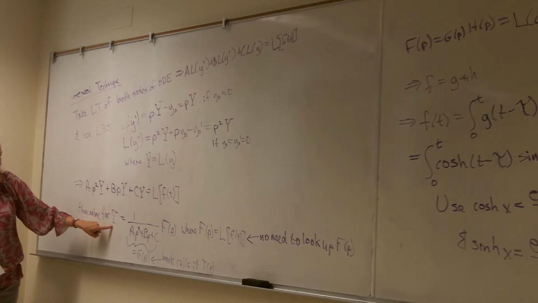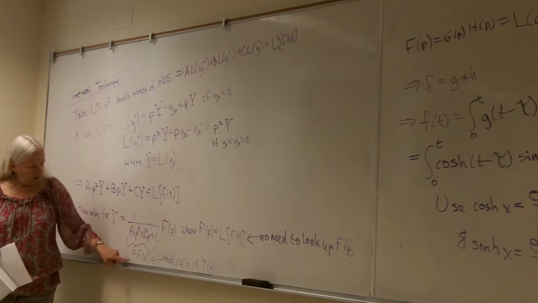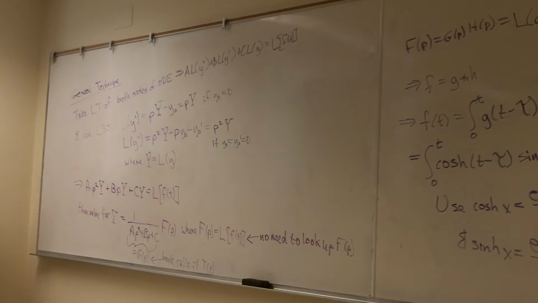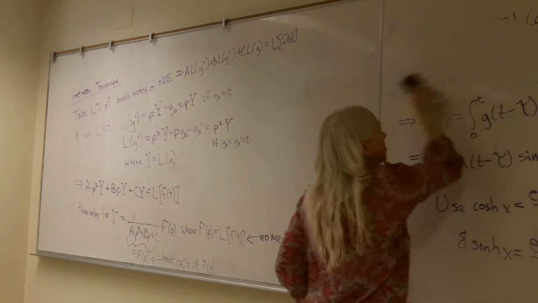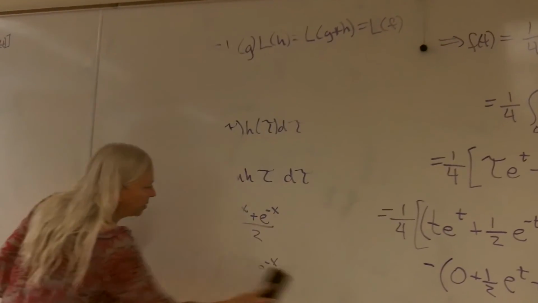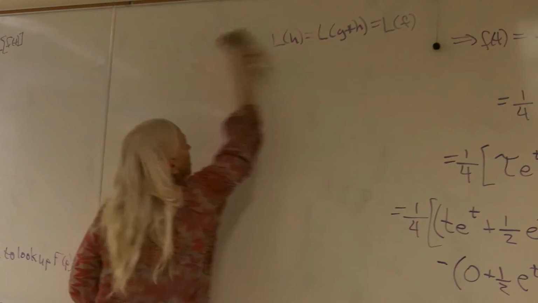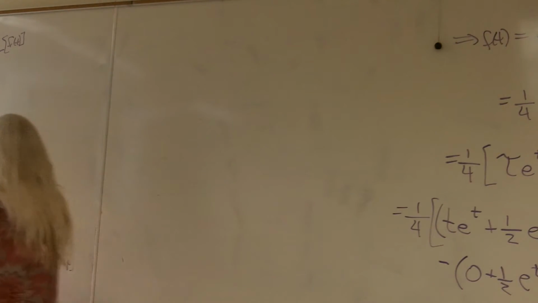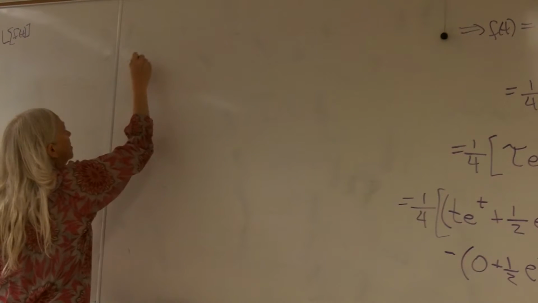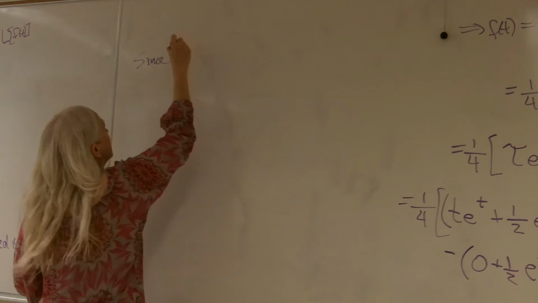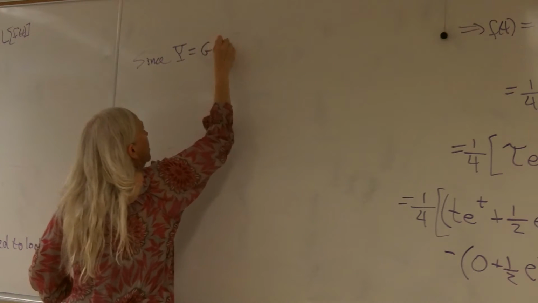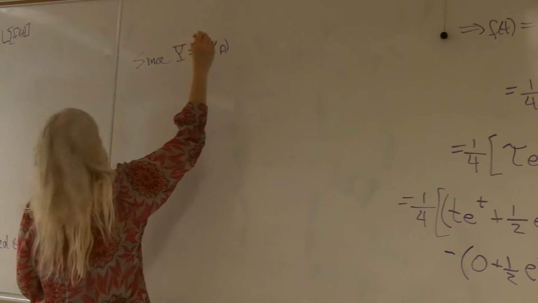But anyway, we've got capital Y then is the product of two functions, capital G and capital F. So all you have to then do is to use the convolution theorem. You're trying to find little y, right? That's the solution to your differential equation. You now know capital Y is this G of p times F of p.